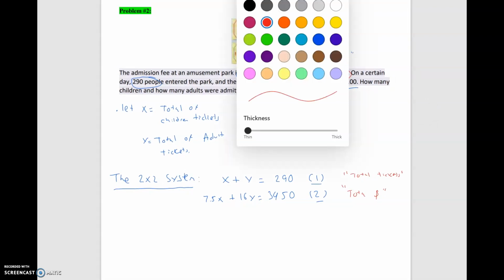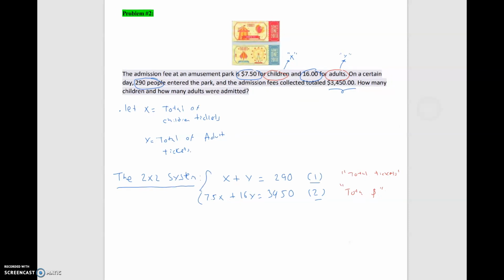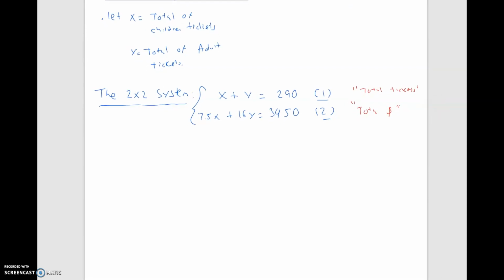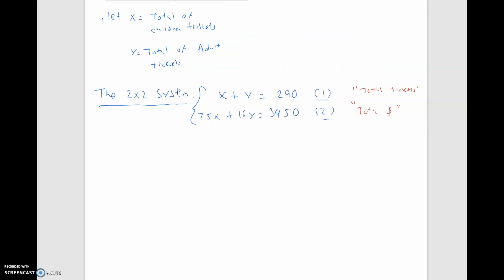Now, in this case, we actually already have the system. So this is going to be your system. And I think for this specific one, it'll just be faster. The numbers are not going to be that great, so let's solve this one by elimination. And it may be easier because of the decimal to cancel the y's.